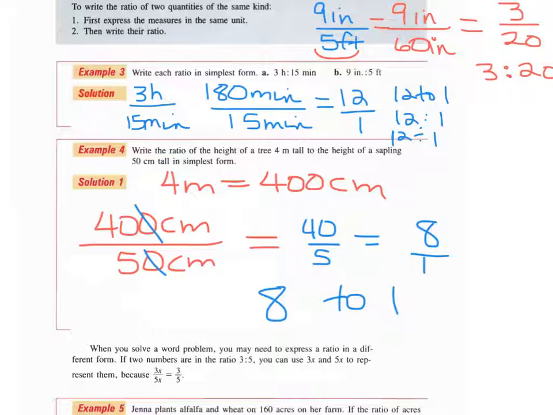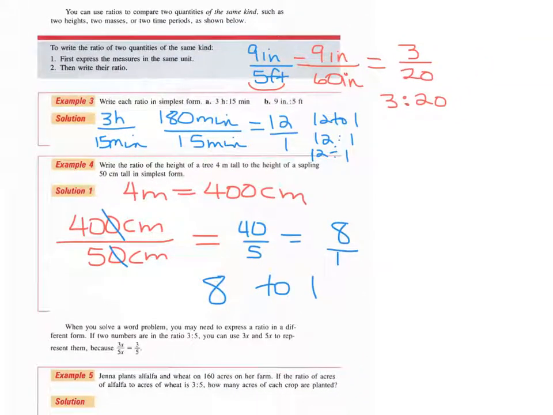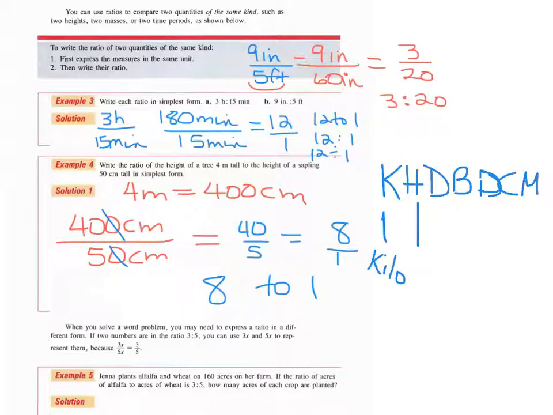I have a little acronym that I use to convert within the metric system, and it's a rhyme. You probably should have already learned how to convert within the metric. My rhyme is King Hector drinks basically delicious chocolate milk. And each one of these letters represents a prefix in the metric system. So in my rhyme here, the K is the kilo, the H is the hectometer or hectogram, or it's just the prefix hecto.